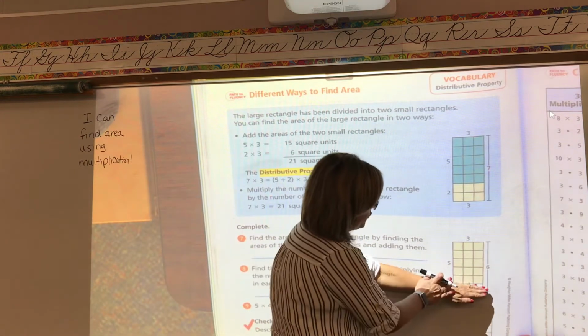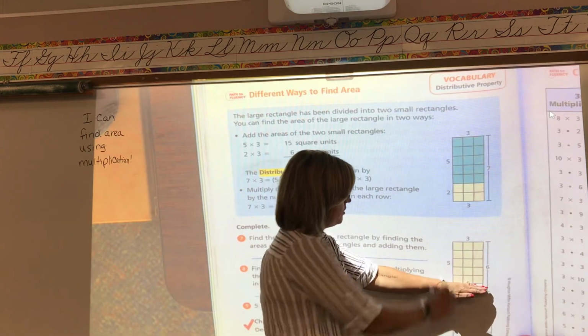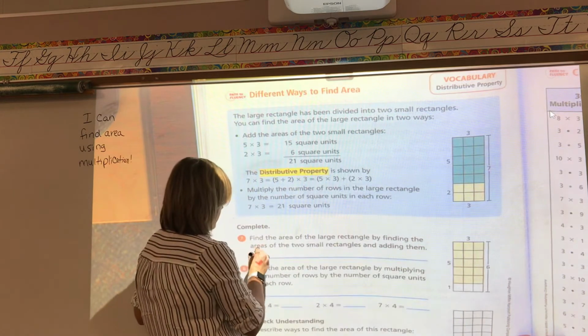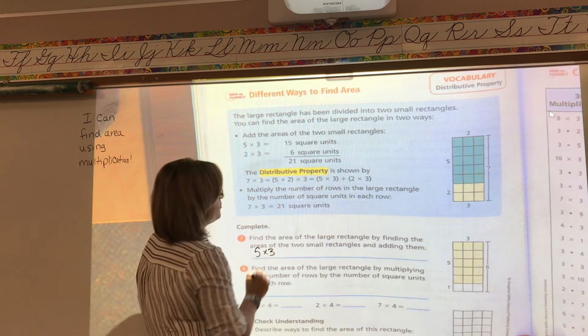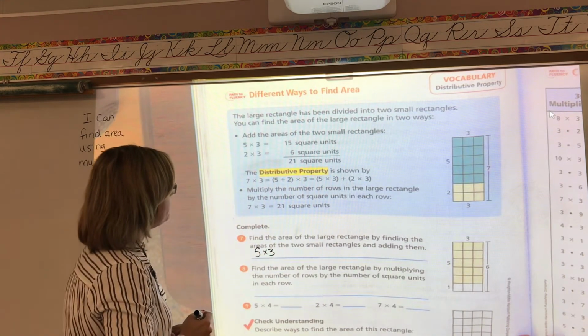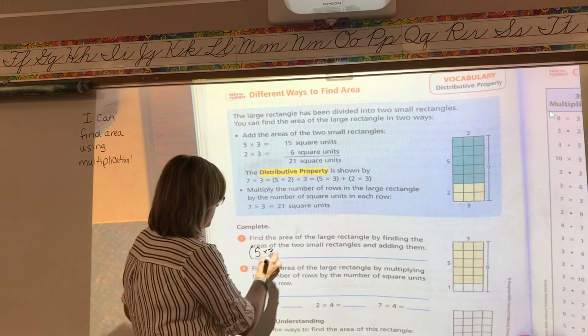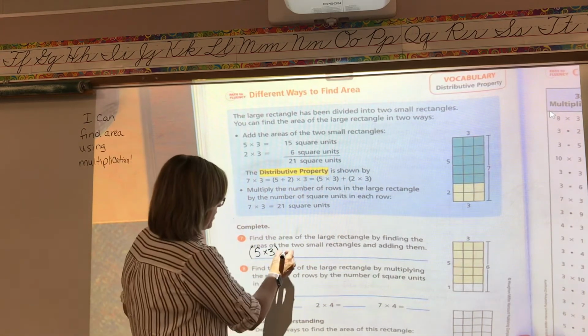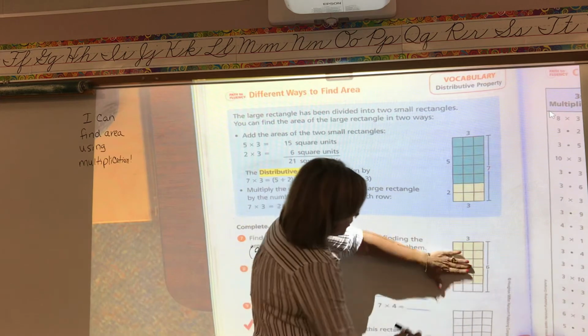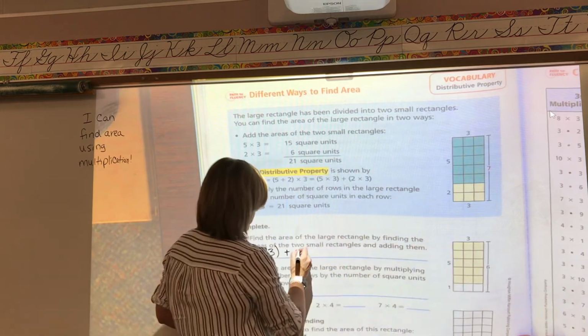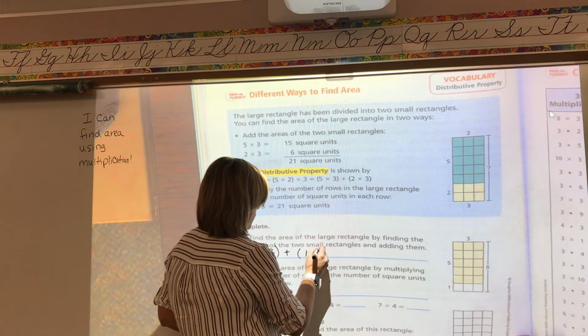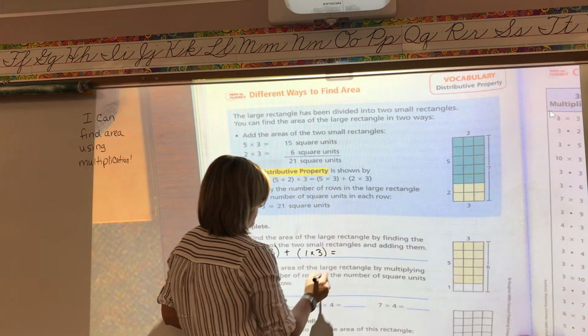Well, here's our first rectangle. See the one in yellow? Okay, well we would have 5 times 3, okay? And we're gonna put that in parentheses. And then we're gonna add this one, 1 times 3. We'll put that in parentheses. 1 times 3, okay?